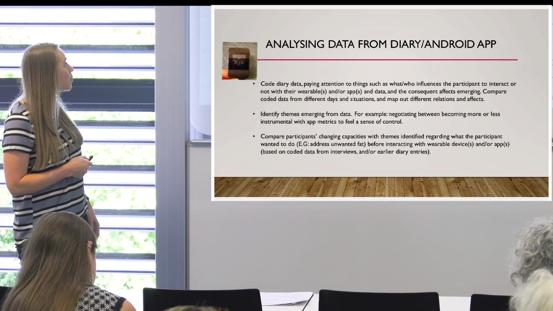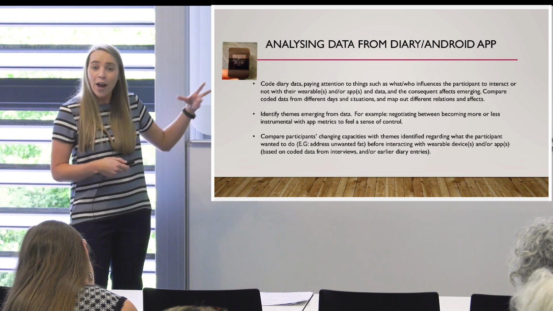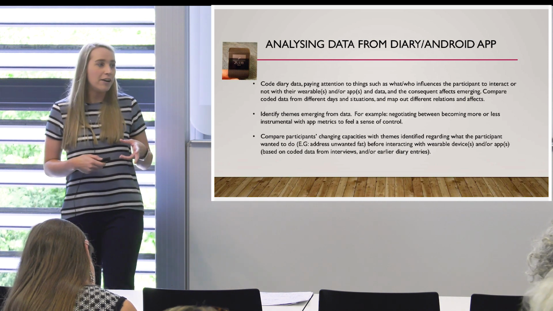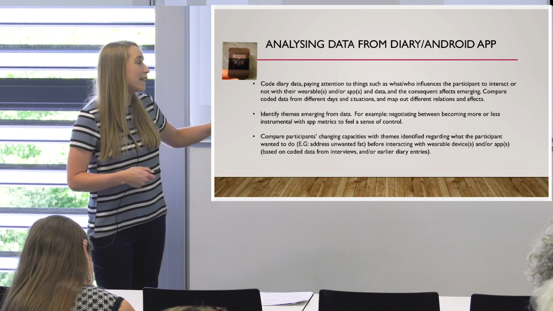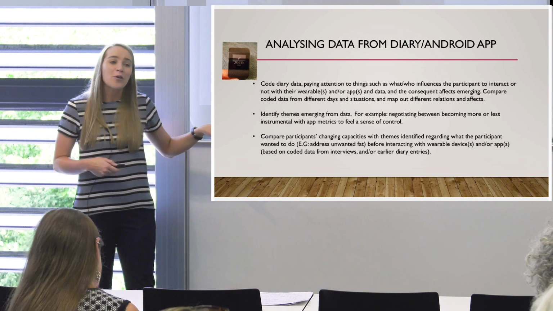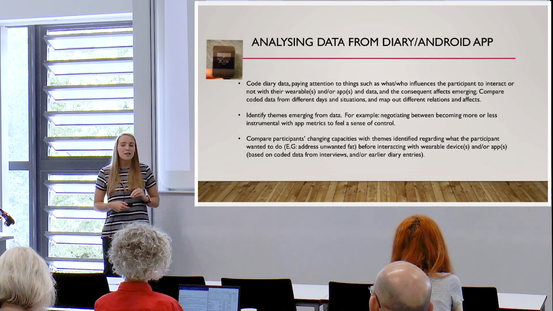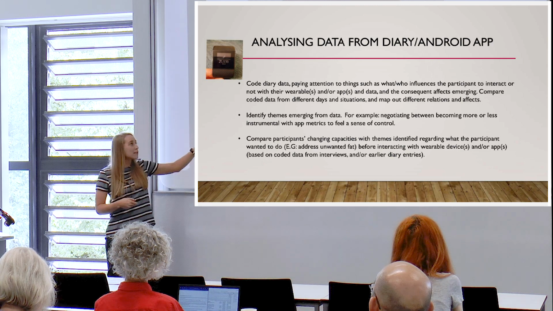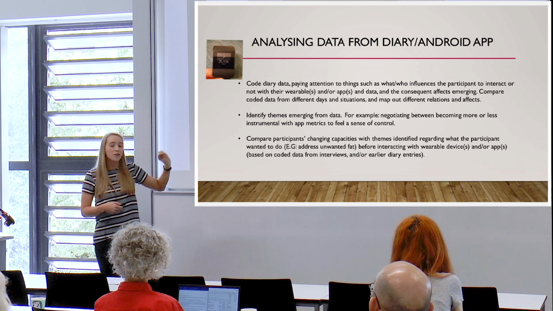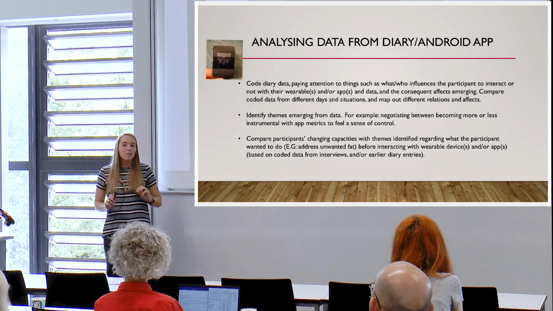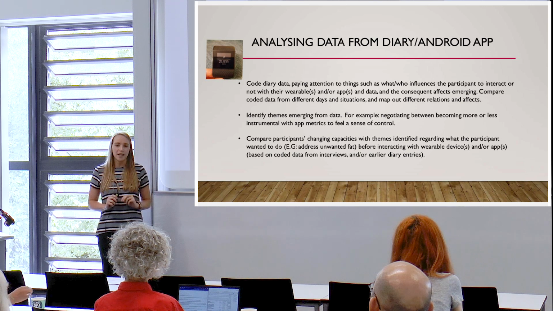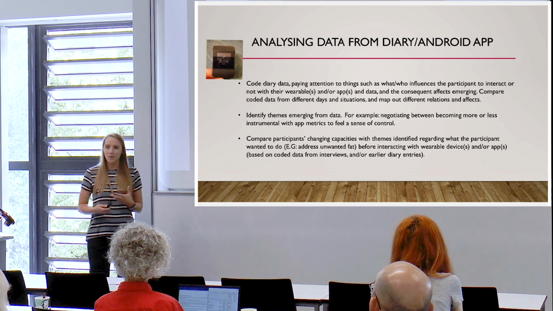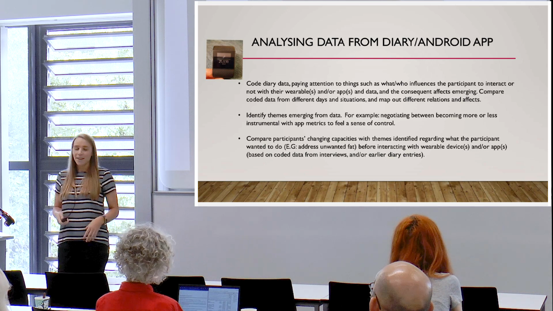But what I quite liked with Rachel is that she was able to get photos as part of her diary entry. This participant in particular added this because he was saying the numbers don't matter. They don't matter to him because he got to 25,939 and he wasn't going to move to get it to 26,000. You can see this really interesting data that Rachel's got and how people relate to their wearables.